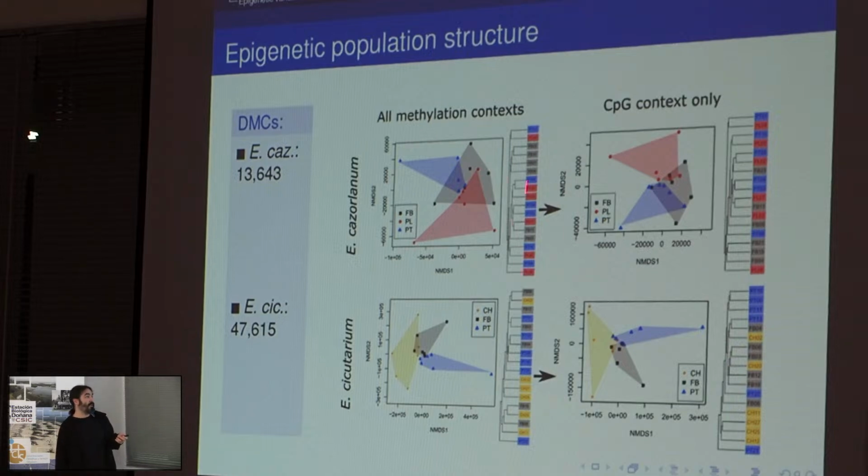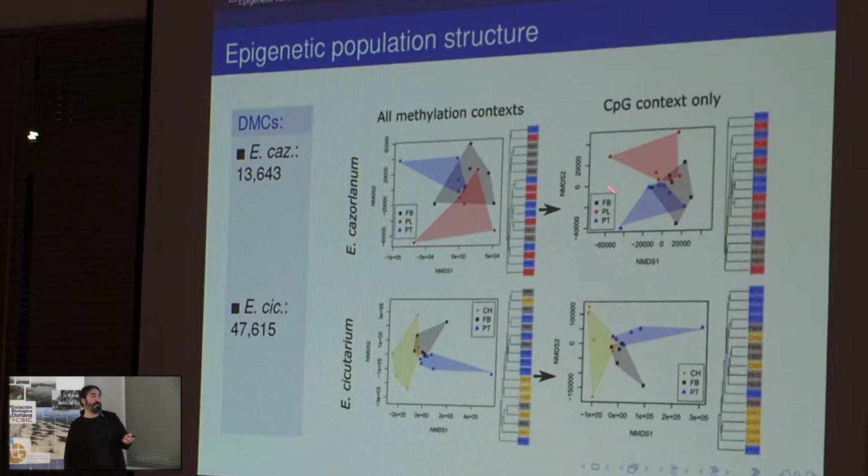The hierarchical clustering of methylation percentages was more or less the same. There was a limited clustering in both species. So I ran this analysis in the three separate contexts. CHH and CHG were a mess, literally, I didn't see anything resembling this.